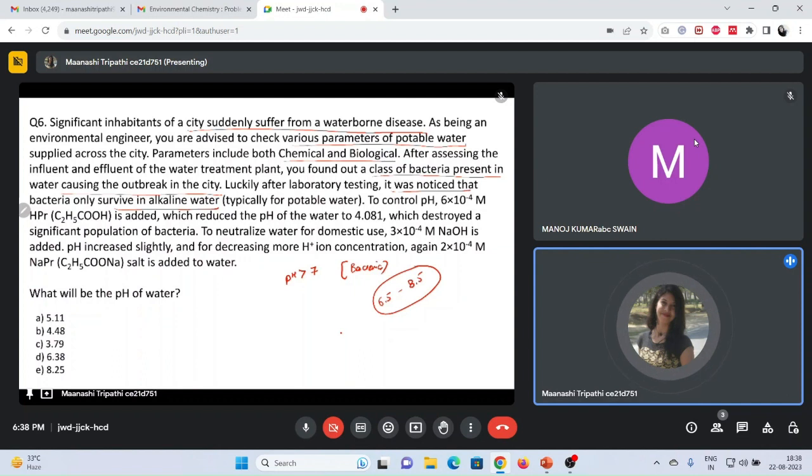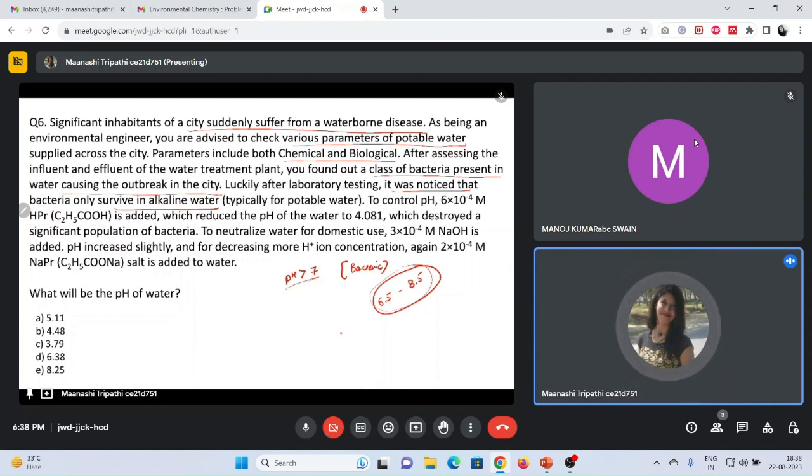This is the water standard applied in India, which can be used by us as a drinking water resource. So the first step was to reduce the pH to very low.